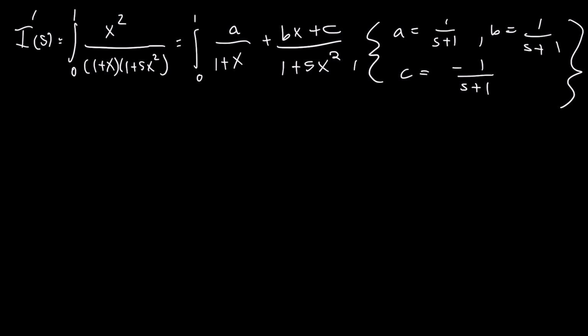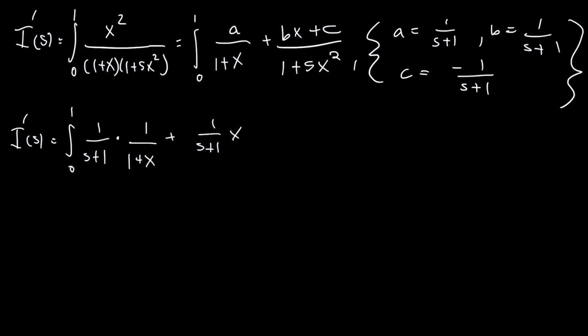So plugging this into our integrand, we have that I prime of s is the integral from 0 to 1 of 1 over s plus 1 times 1 over 1 plus x, and then plus 1 over s plus 1 times x, minus 1 over s plus 1, divided by 1 plus sx squared. All of this with respect to dx.